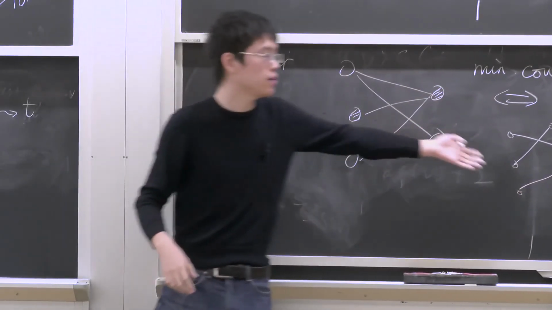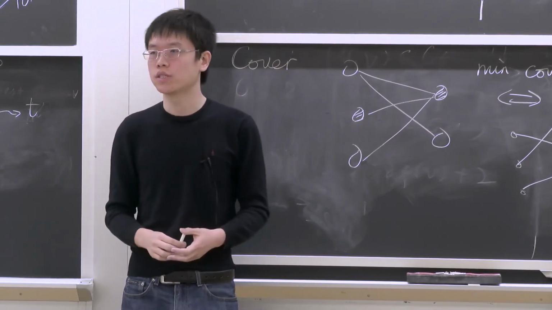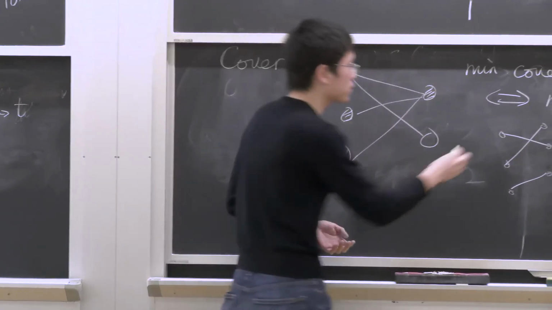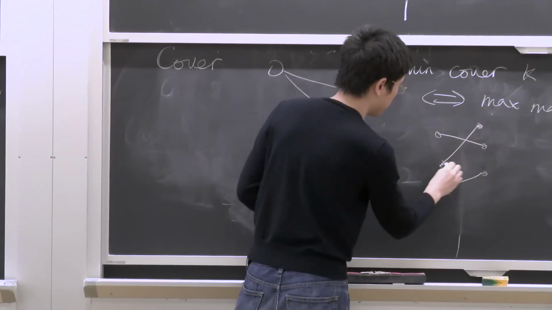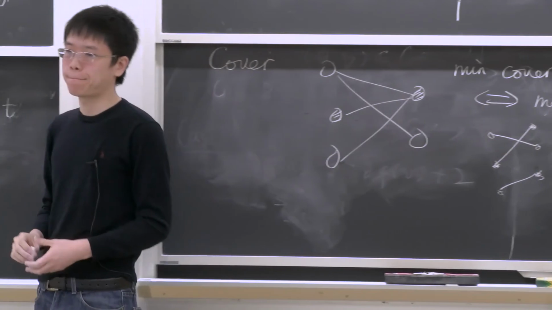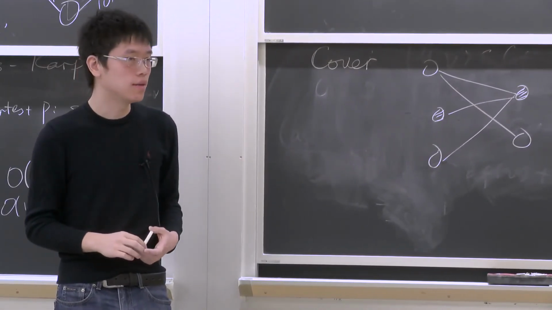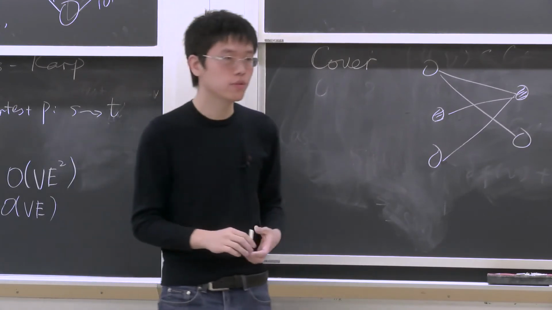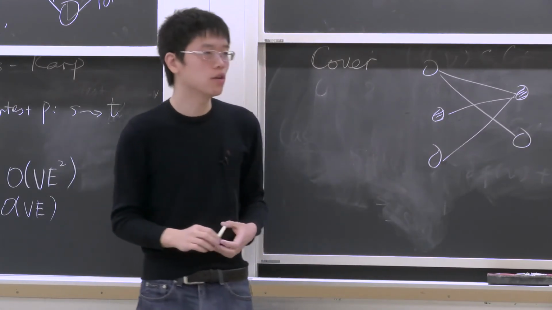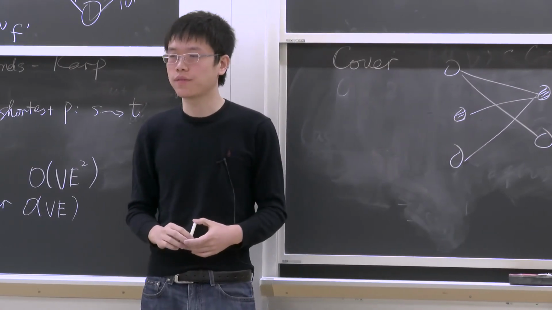So if we have k matching edges, then we at least need k nodes to cover them. For example, I can cover them like that. But this is not a full proof because I also need to show I can indeed find a cover that is k.